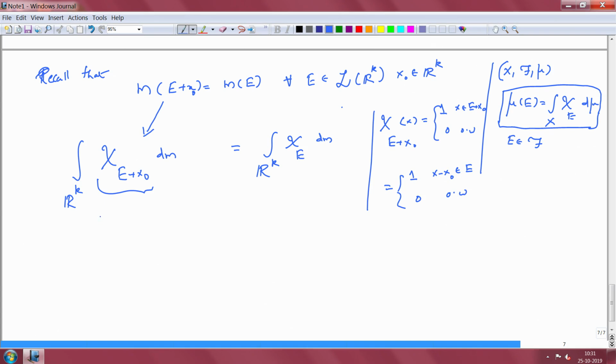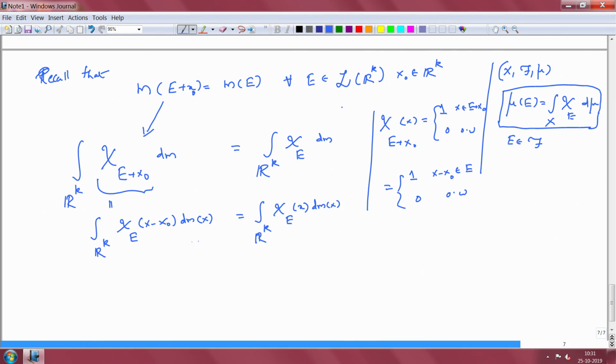So, the left hand side I can write as the integral over R k of chi E of x minus x naught dm x. The x is put to say that the integration is with respect to the variable x. This is equal to the integral over R k of chi E of x dm x. This is something you have done in Riemann integration, changing the variable x minus x naught to y and so on.